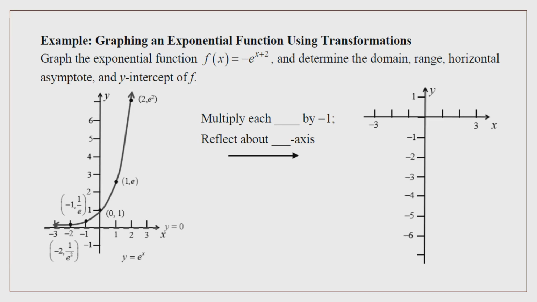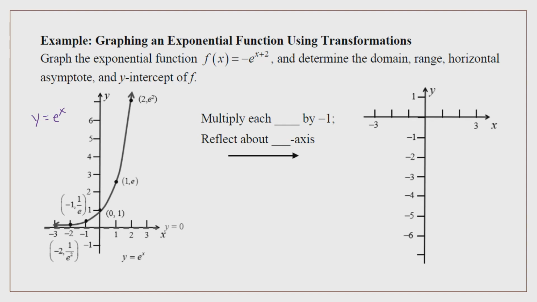So we're asked to graph the exponential function f of x equals -e to the power x plus 2. Determine the domain, range, horizontal asymptote, and y-intercept of f. So the first thing we're going to do is start off with y equals e to the x. So this is the graph that we just graphed.